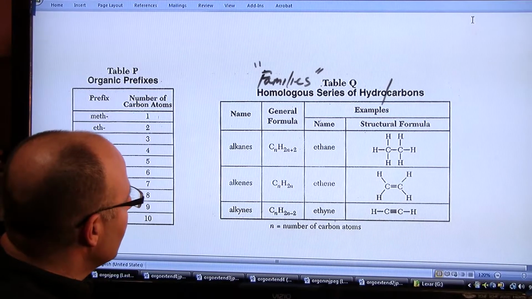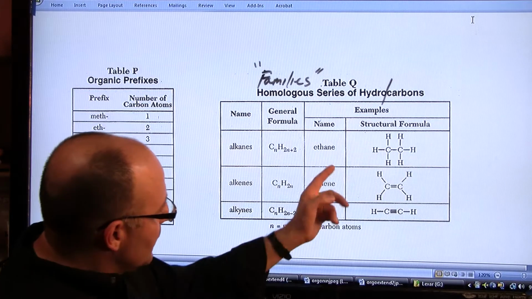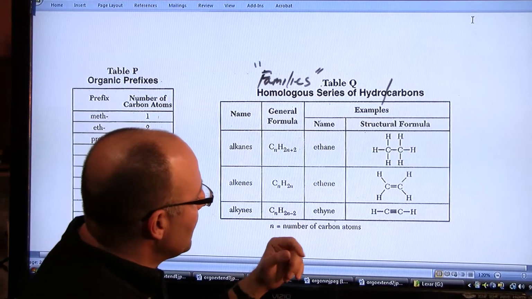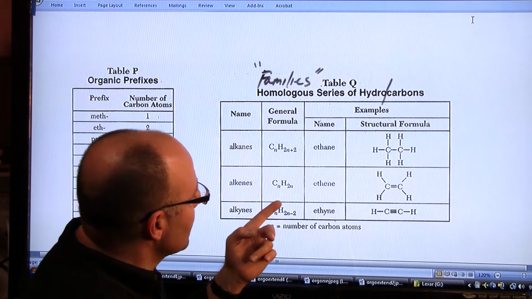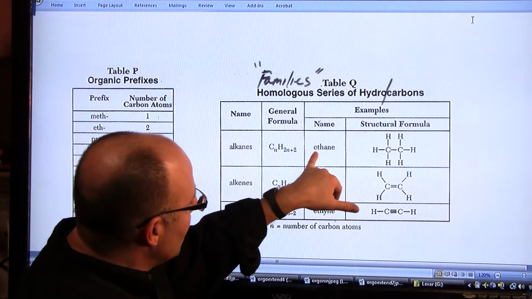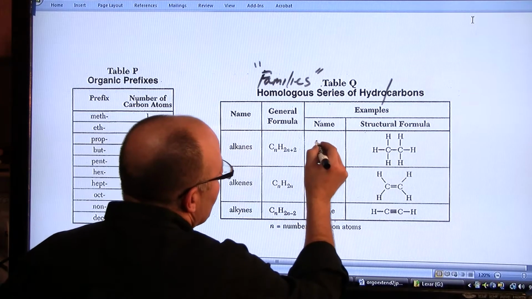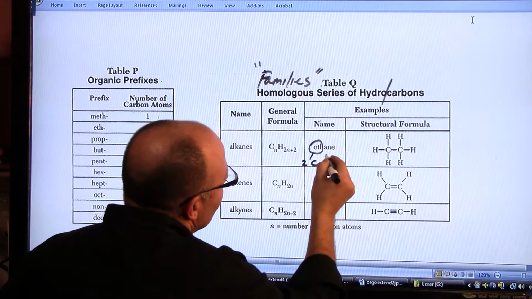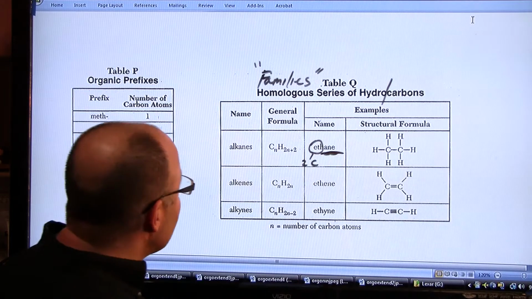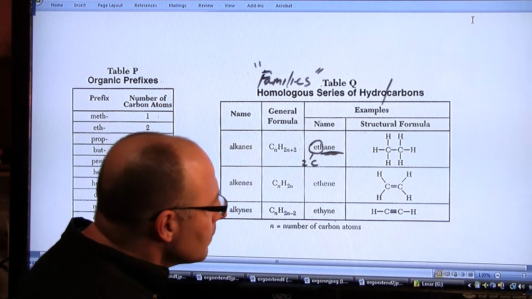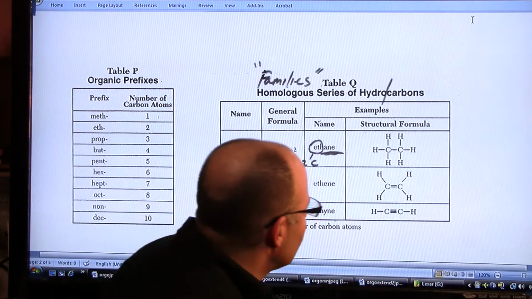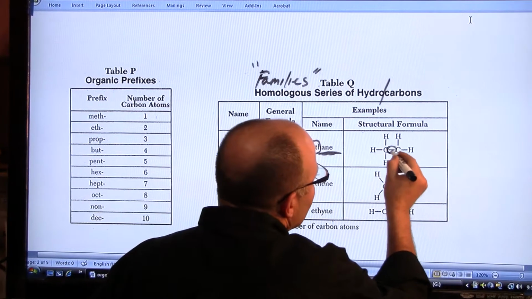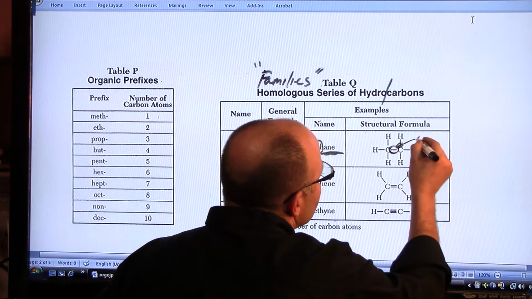All right, and in this example here, this molecule, or this compound, would be named ethane because it's a 2 carbon alkane. So eth here, the prefix is because it has 2 carbons. And the ane is because it's an alkane. And what makes this an alkane is the single bond, because alkanes have only single covalent bonds.